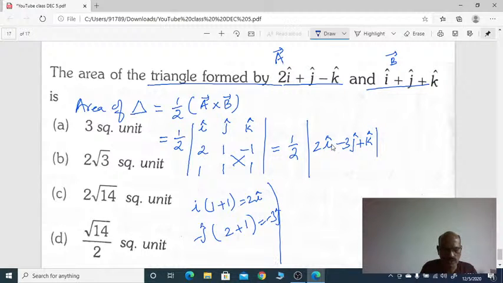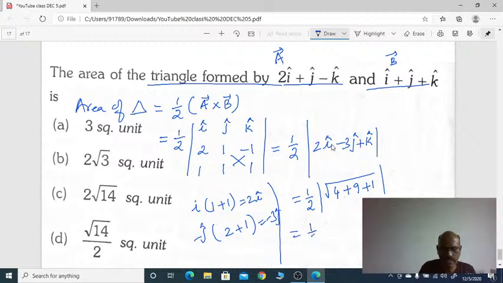So finally area of the triangle equal to half into magnitude. Magnitude in the sense square it, 2 square will become 4, 3 square will become 9, 1, that's it.